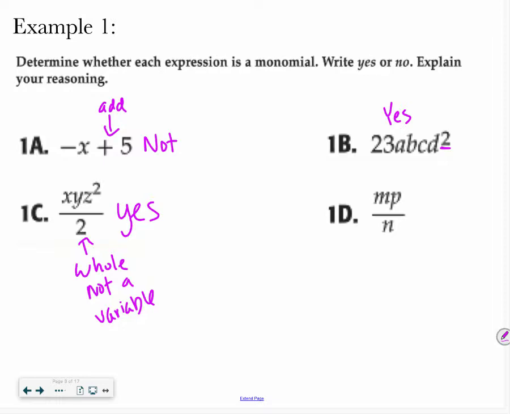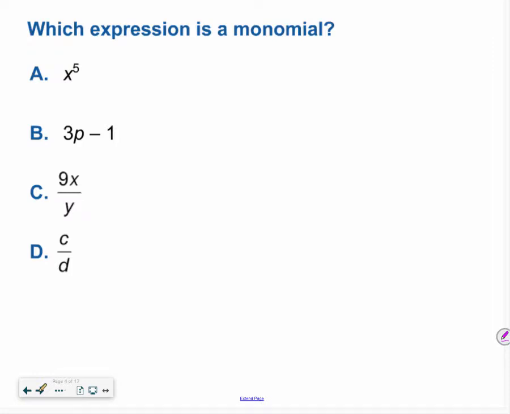Letter D, mp divided by n would be no because we are dividing by a variable. Alright, why don't you go ahead and try this first one on your own, see how you do. Hopefully you determined that the only monomial here was x to the 5th power. If you have questions about that, be sure to ask.